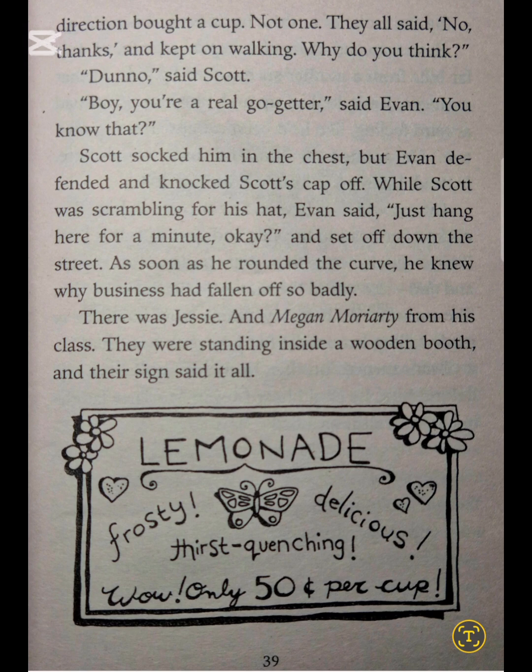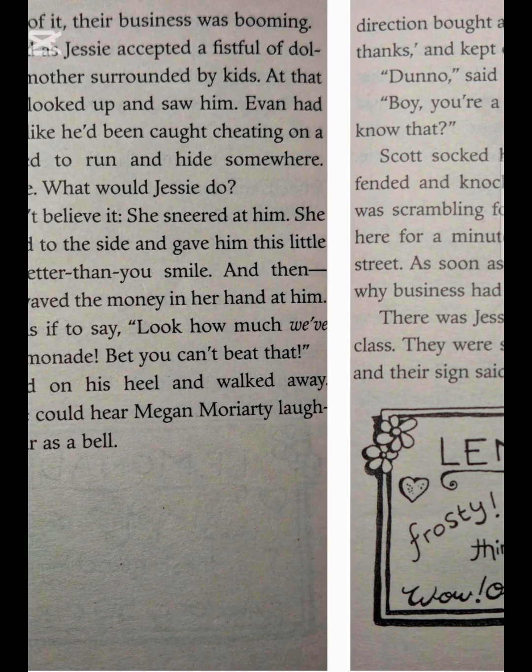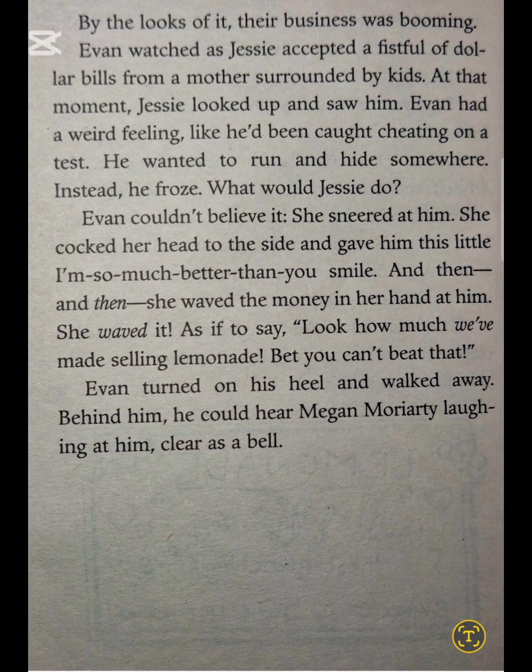Lemonade, frosty, delicious, thirst-quenching. Wow, only 50 cents per cup. By the looks of it, their business was booming.